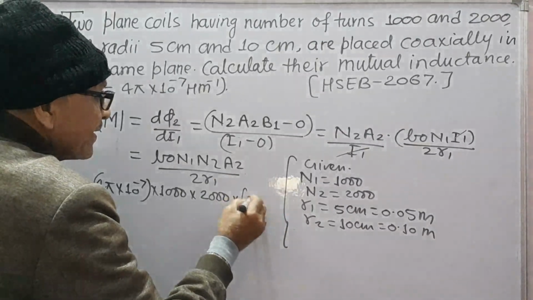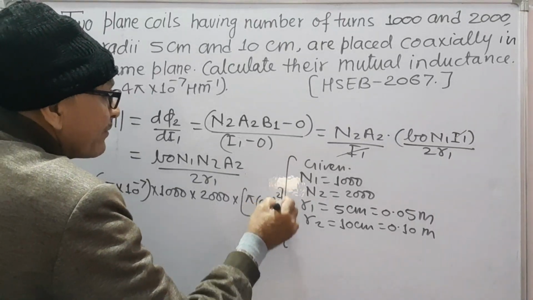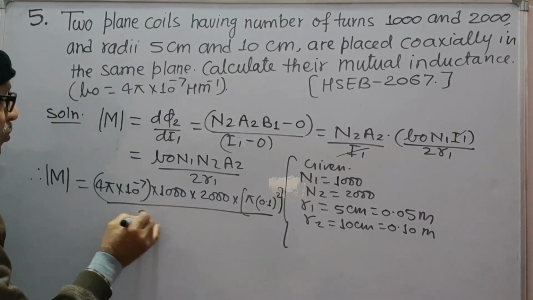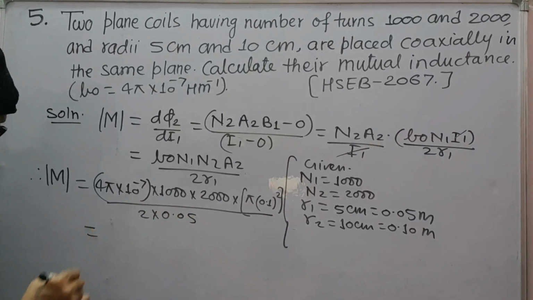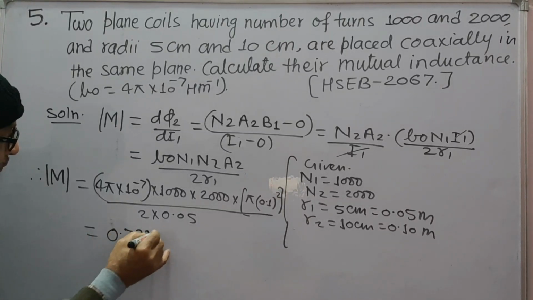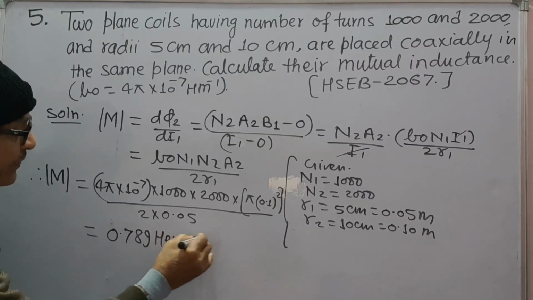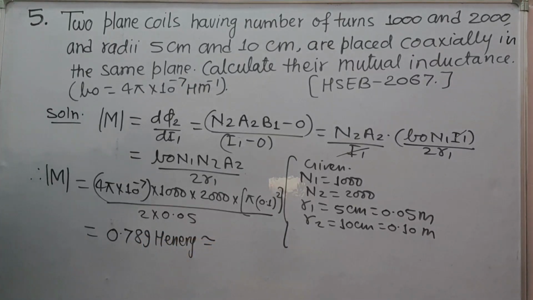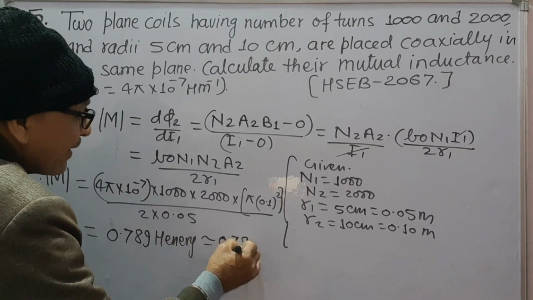So, pi into R2 0.1 square upon 2 R1, which is 0.05, which gives mutual inductance as 0.789 Henry, which is nearly equal to 0.79 Henry.